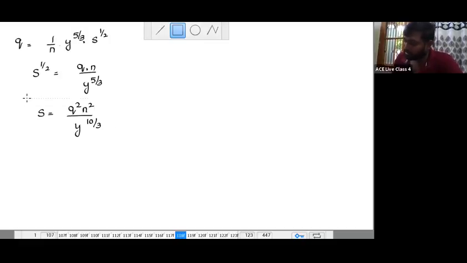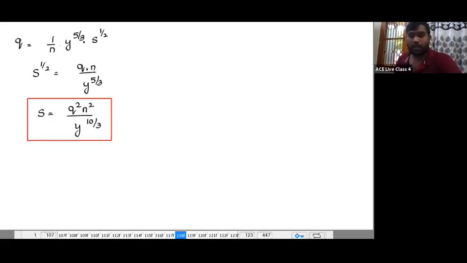Now, in this equation, if you observe clearly, this S is nothing but the slope. Yes or no? Now, can I write S is inversely proportional to y to the power of 10/3? S is inversely proportional to y to the power of 10/3.